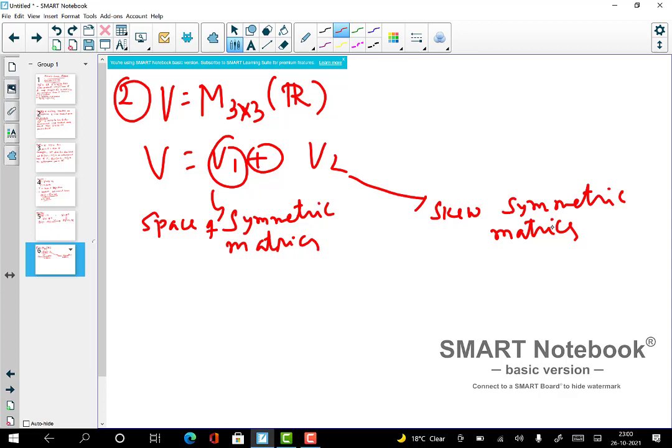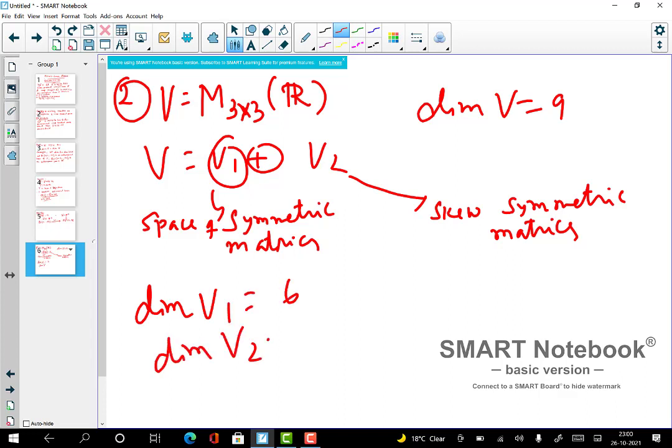Now it is easy to see that the dimension of V is 9 here, right? I can easily find out the dimension of V1 is actually 6 and the dimension of V2 equals 3 actually, because this is a direct sum, right? And obviously these V1 and V2 are not ordinary subspaces, they are actually eigenspaces corresponding to a map. This was a part of our exam question.